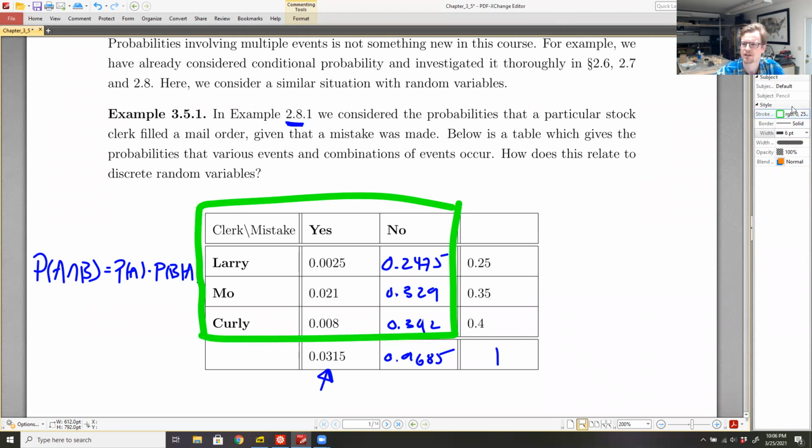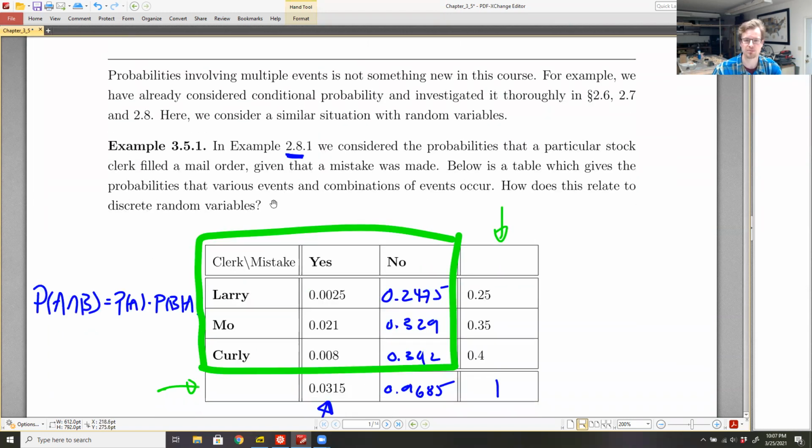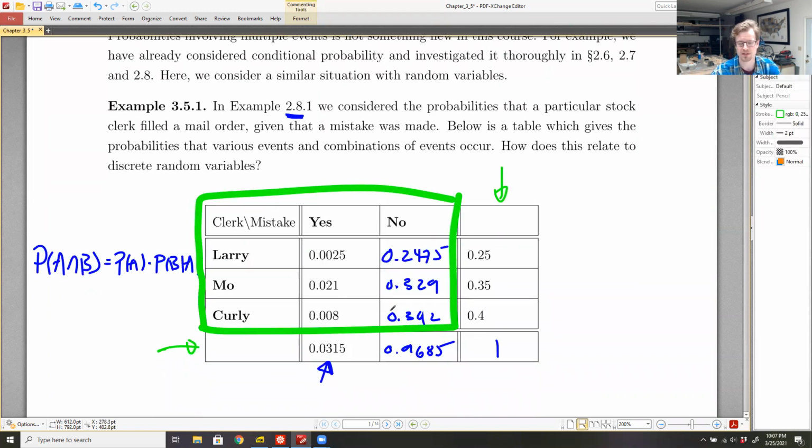The other portion, this larger table, this column, that row, those are going to be considered in section 3.6. So for this section, we're just interested in this. Again, this section is the multivariate distributions. So this is the probability distribution of this variable and this variable, variable clerk and variable mistake.